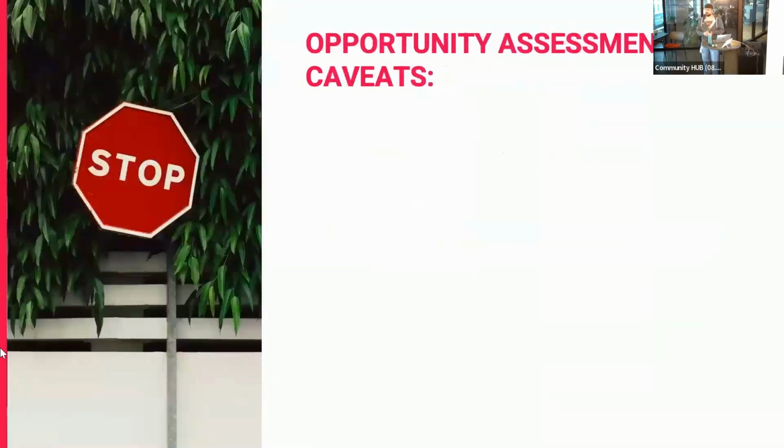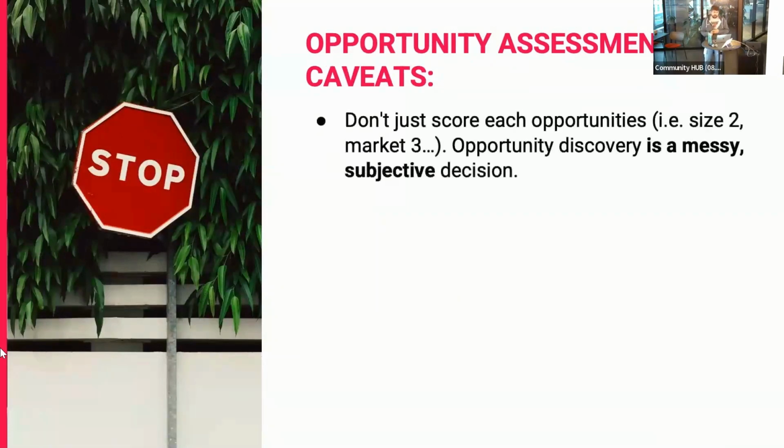A few things to watch out for when you are validating opportunities. The first thing is, don't make a mathematical formula out of this. Don't say, okay, opportunity size is a 2, the market factor is a 3. No, this is supposed to be messy, and a bit subjective.